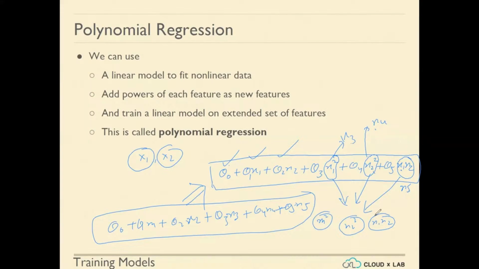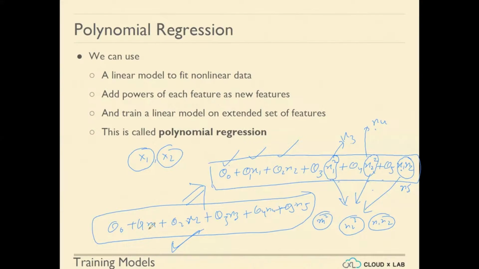Like that, if you want to learn a degree 3 polynomial, then you will add degree 2 terms, you will add degree 3 terms, and then you can apply a linear model, right? Because we are adding these extra features and considering them as new features. Both are equivalent. Either you can directly learn a nonlinear model, or you can add nonlinear features and then learn a linear model.